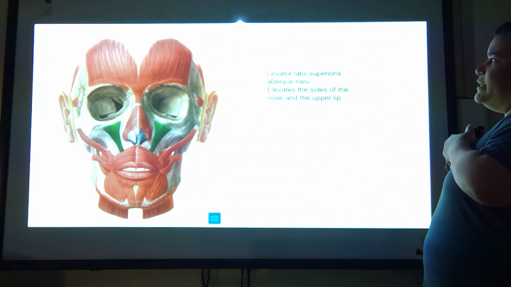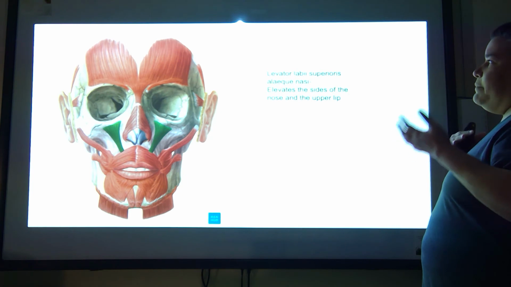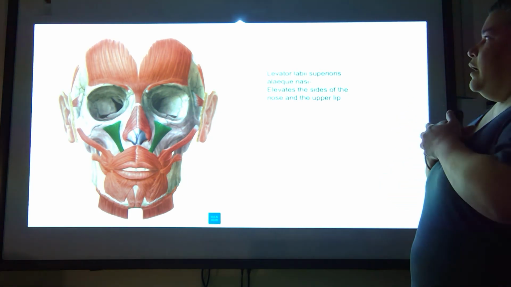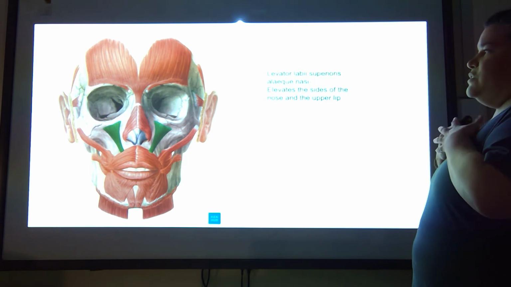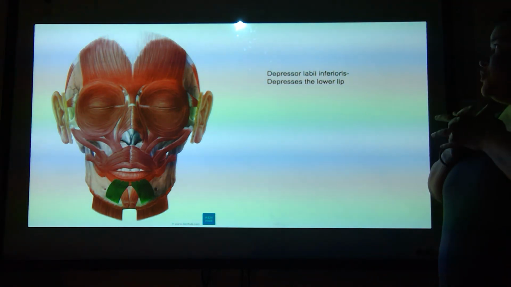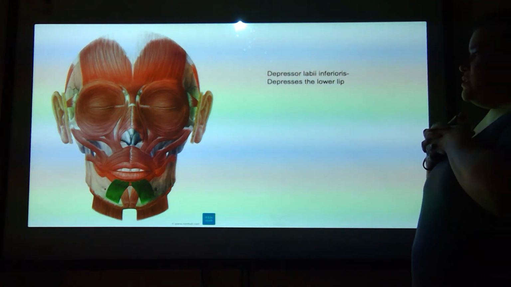And then you've got the levator labii superioris nasii. It elevates the sides of the nose and the upper lip. The Depressor Labii Inferioris. Again, look at where it's at. Look at the name. Depressor, down.